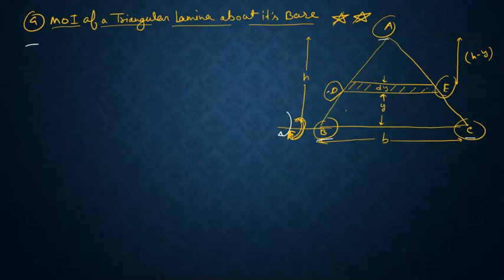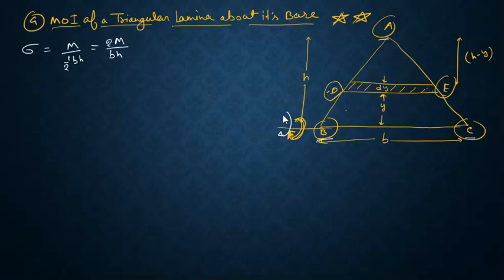So let's proceed further. In this case also, the mass per unit area is equal to M by half into b h, where b is the base of the triangular lamina and h is the height of the lamina. So here we get 2M by b h.